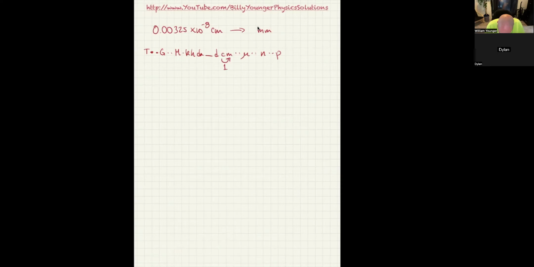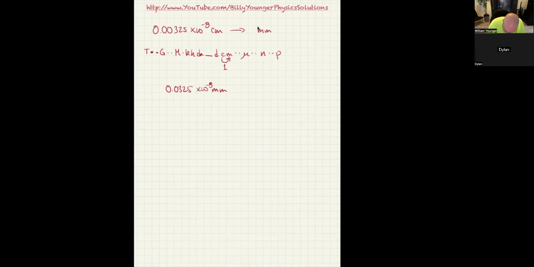And the move is what matters, not the endpoints. Notice there was an endpoint there and an endpoint there, but the move is what matters. So what we're going to do is say 0.0325 times 10 to the negative 8 millimeters is right.